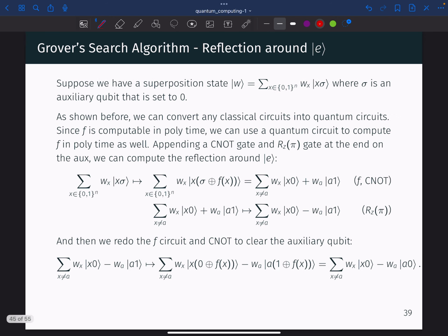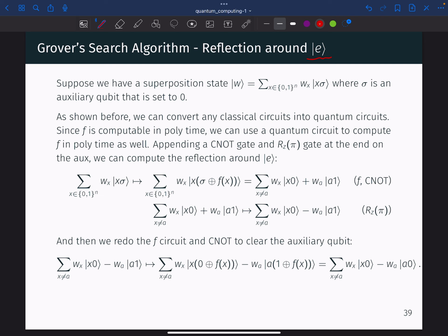Okay, so let's now define the first subroutine, which is the reflection around the state E. Remember that E is the equal superposition of non-satisfying assignments.